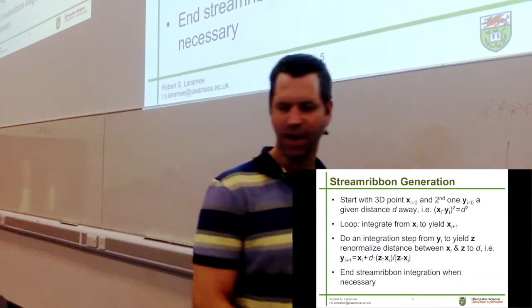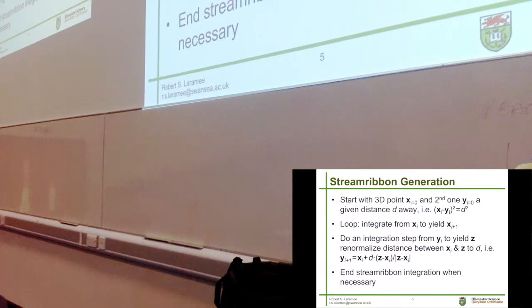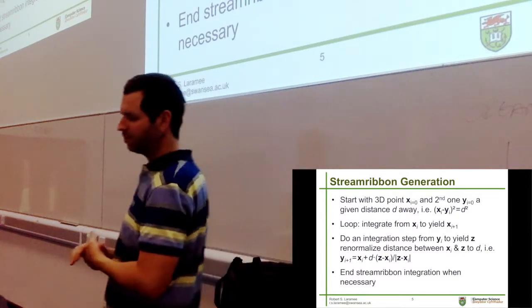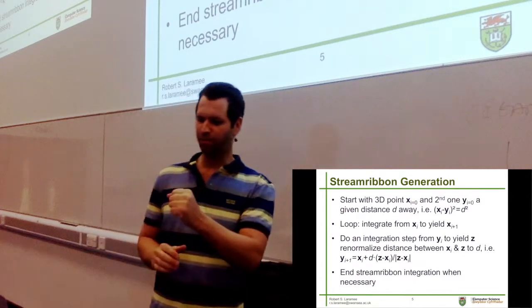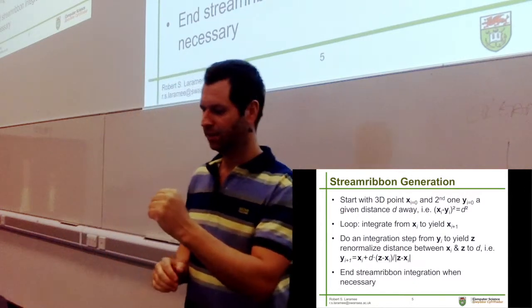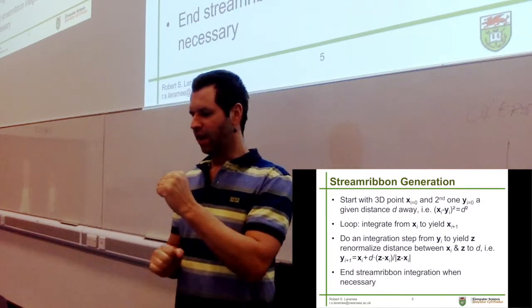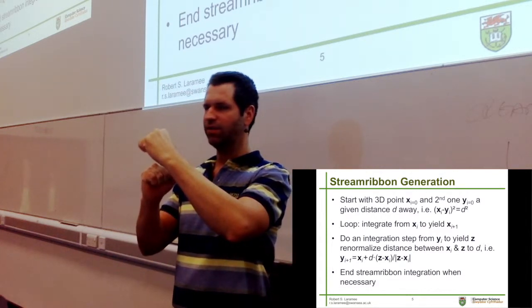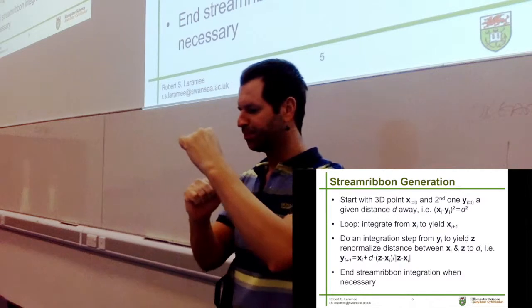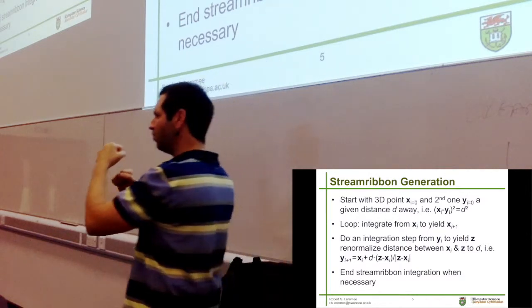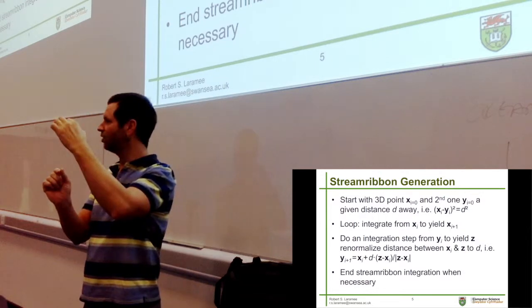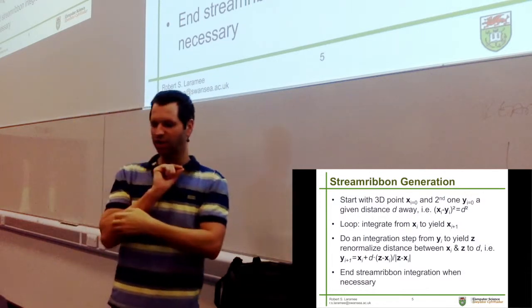So the basic idea for stream ribbon construction or generation is to start with a point in 3D and then add a second point in 3D, a fixed distance from the first point. Those are two seeding points, and then we join them with an edge.